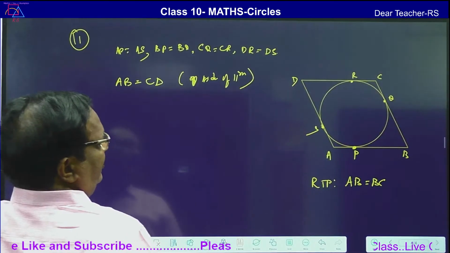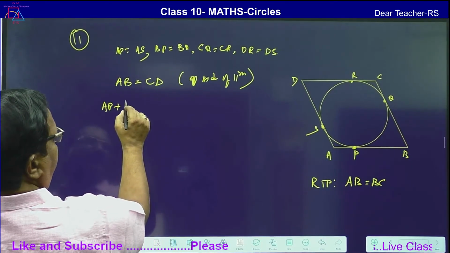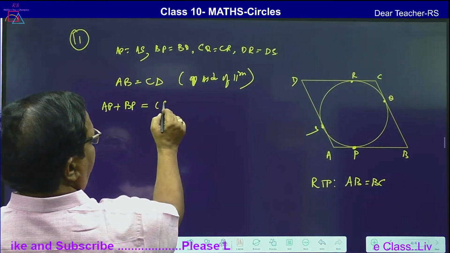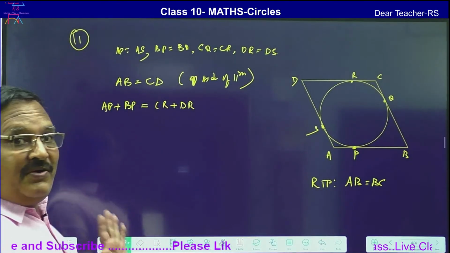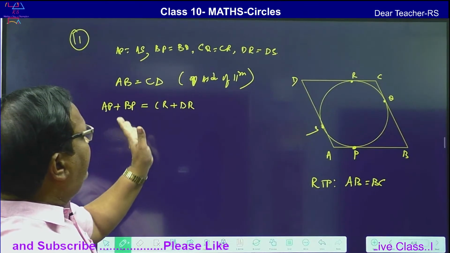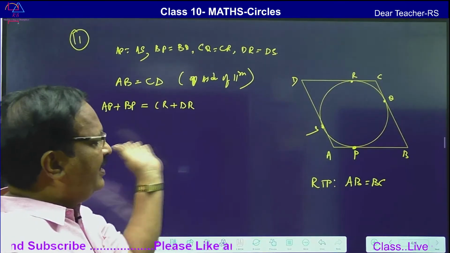So AB is how much? AP plus BP is equal to CD, which is CR plus DR. So now our target is we should get AB as AB only, and the other side you should change, either the left hand side or the right hand side.